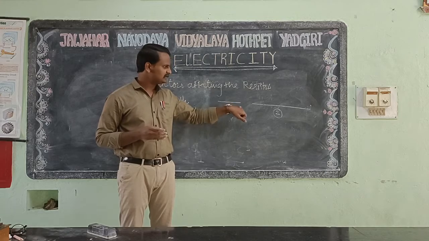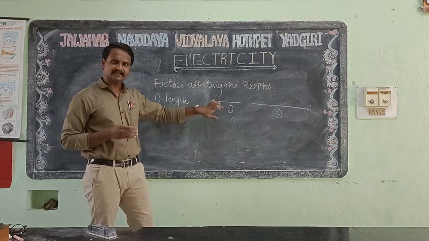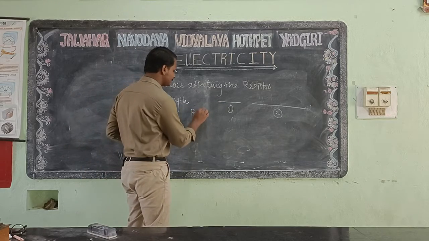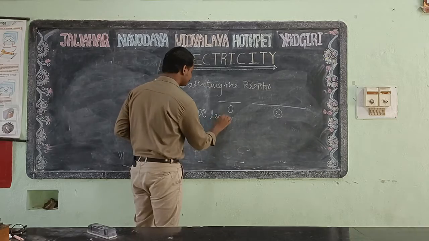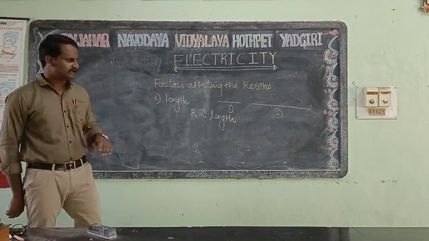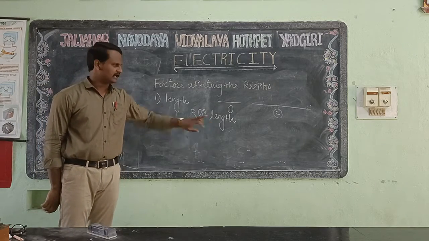So as the length of the wire or conductor increases, the resistance also increases. So we can write, resistance is directly proportional to the length of the conductor.